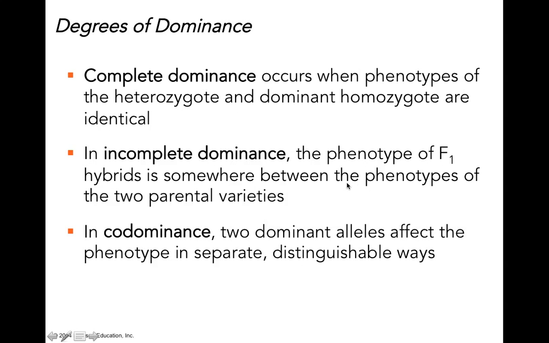And in incomplete dominance, we see something that's intermediate between what we normally think of as the dominant phenotype and the recessive phenotype. We can also have a case of codominance, where both alleles, or many alleles, can be equally likely to be expressed.